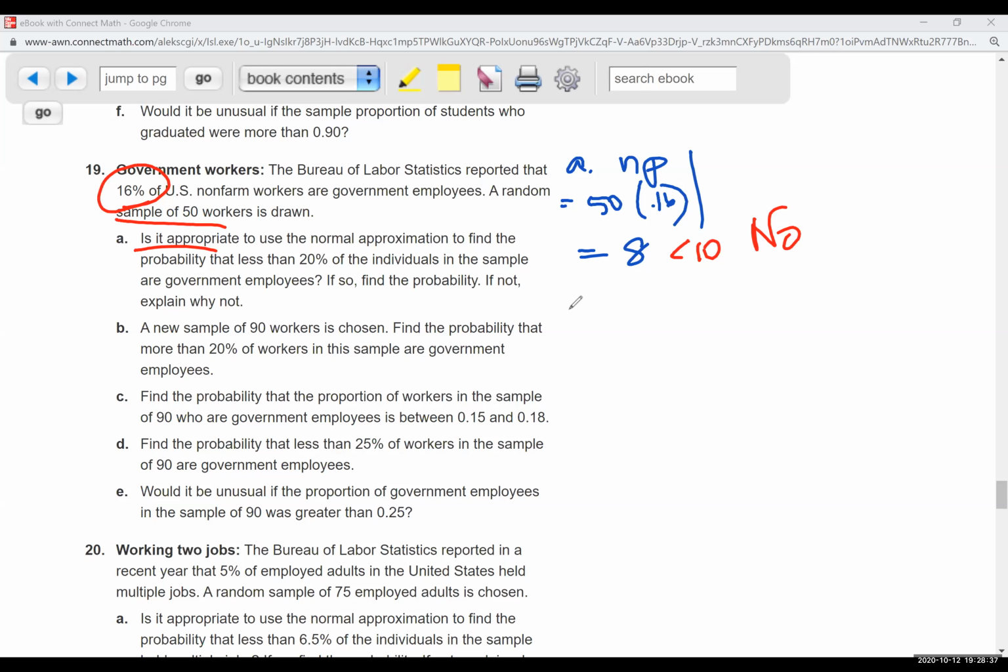All right, B. A new sample of 90 workers is chosen. And you can check this: 90 times 0.16.